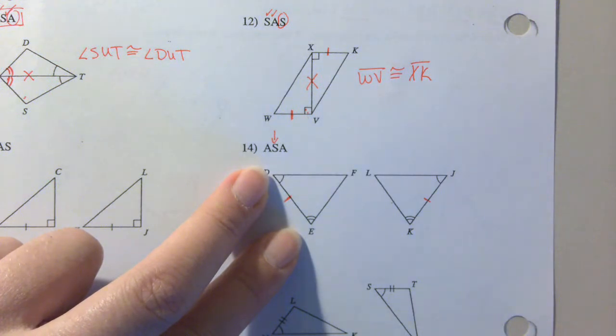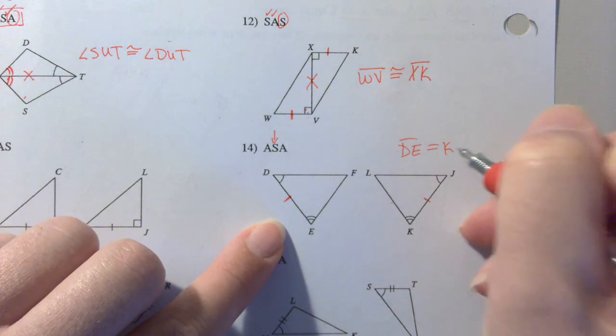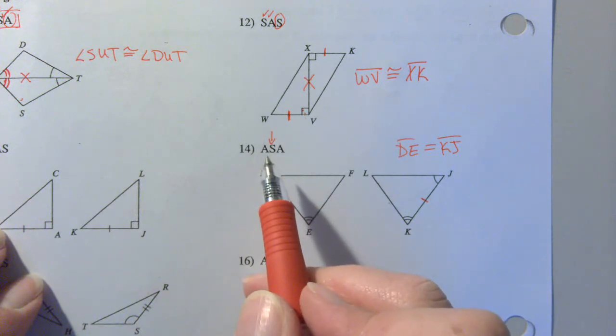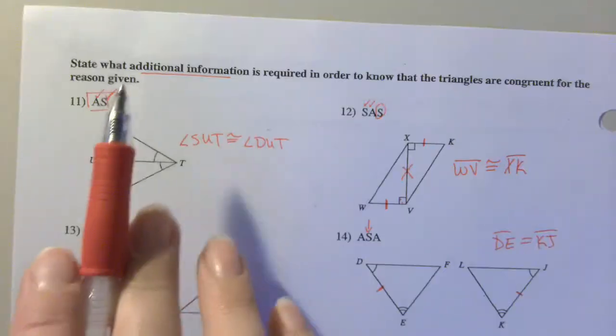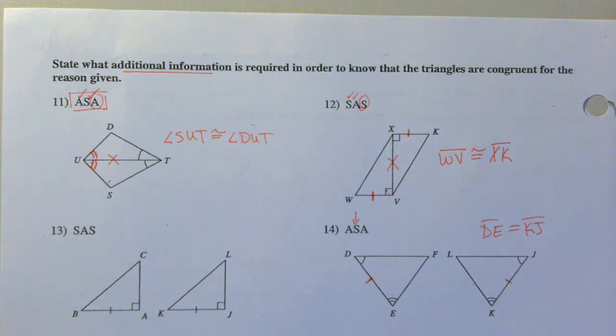They're saying, what else do you need to add for this to be true? Well, I need DE to be congruent to KJ, and then it fits this congruent statement. So you're working backwards on these. So you're right, you cannot make something up, but they're saying give the additional information to make this happen. So you're working backwards. All right, so finish these up.